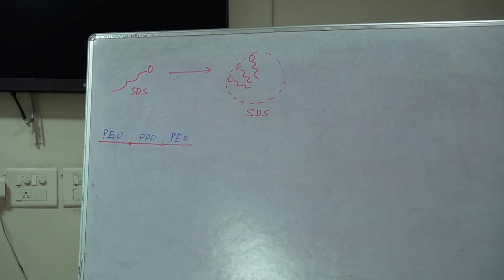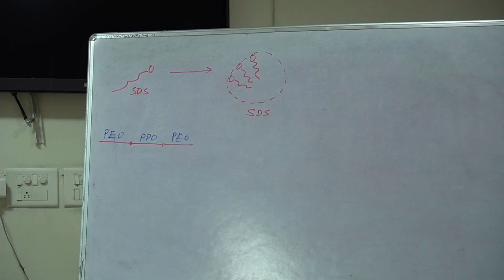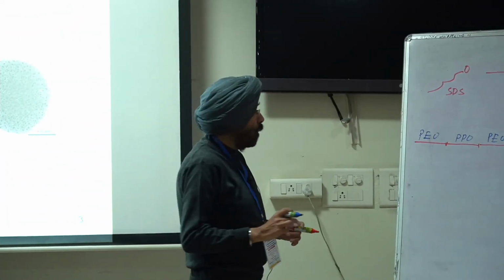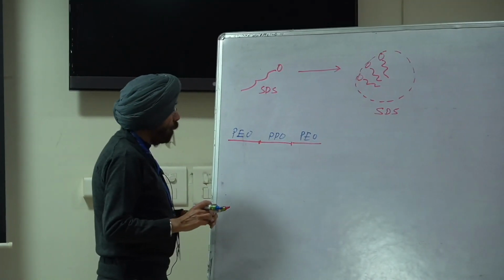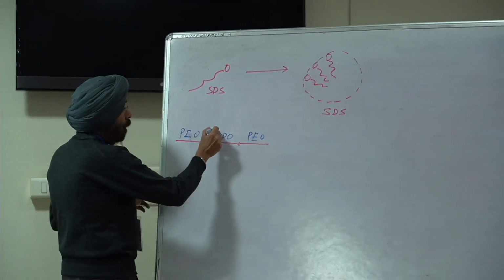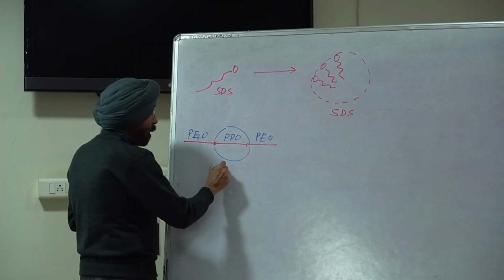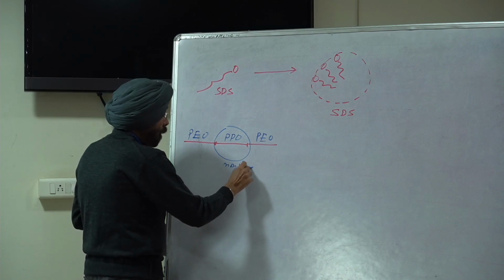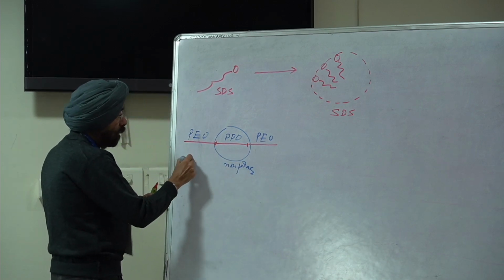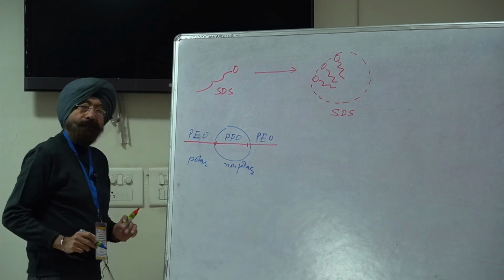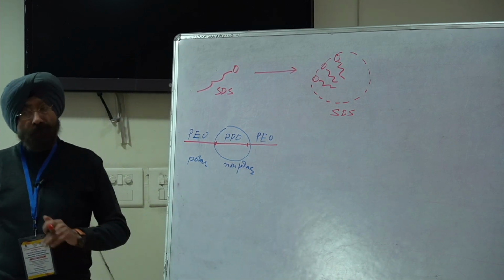Now the question is, this molecule forms the micelle, but what kind of micelle, what is the shape of the micelle, and how are the micelles going to be arranged? So what we do actually, the polypropylene oxide is more non-polar. It is predominantly non-polar, whereas polyethylene oxide is predominantly polar. Not entirely polar, but predominantly.